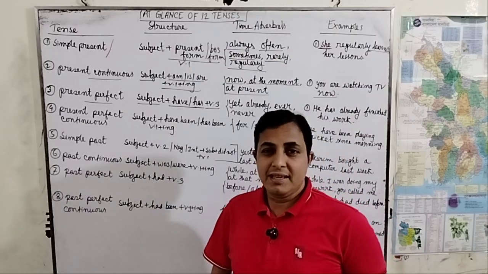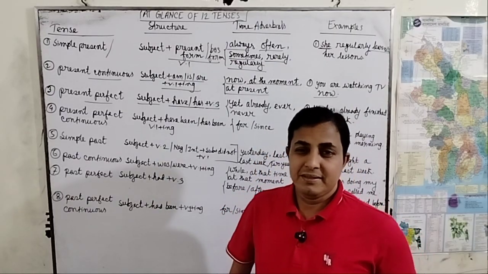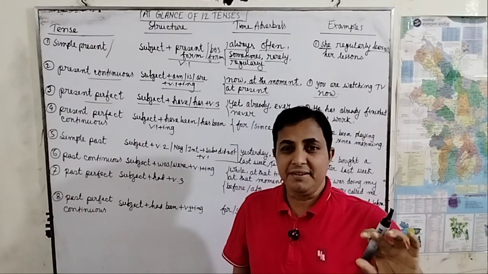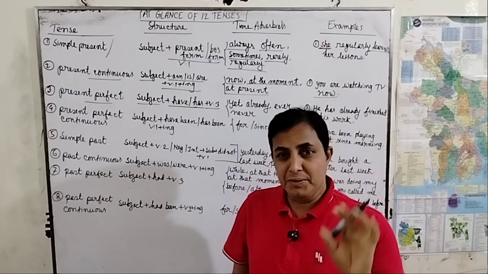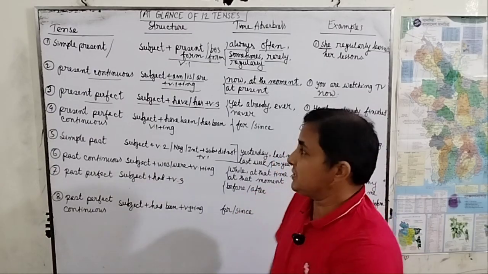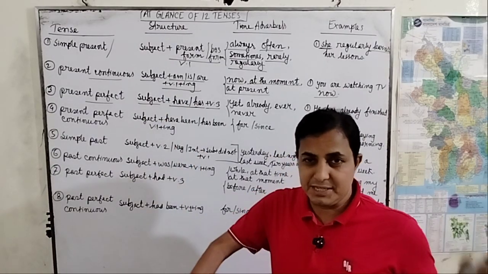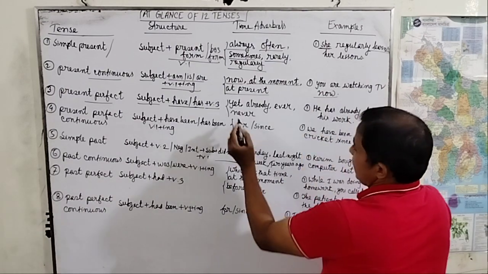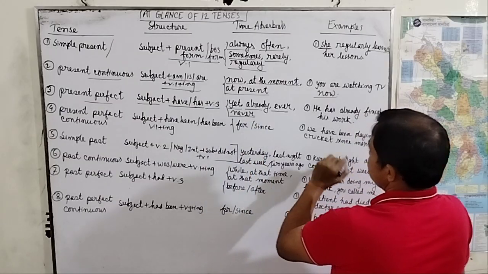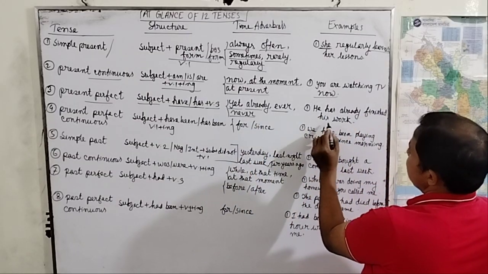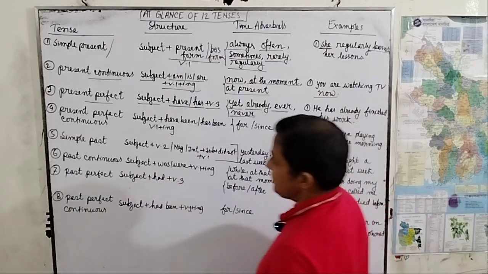But except I and you. I means singular, you means singular, but you also takes have. That is exceptional. Adverbs: yet, already, ever, never. Example: he has already finished his homework.